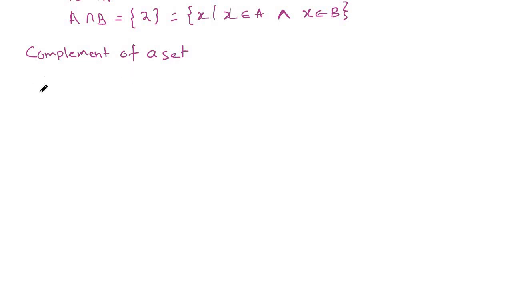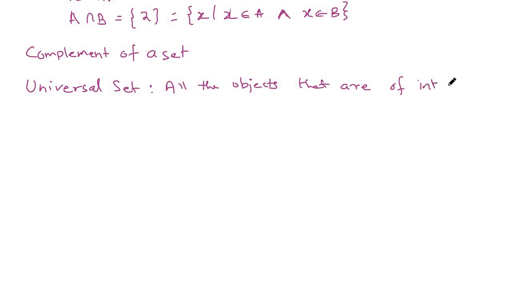So there is something called universal set: the set that contains all the objects that are of interest in a problem.